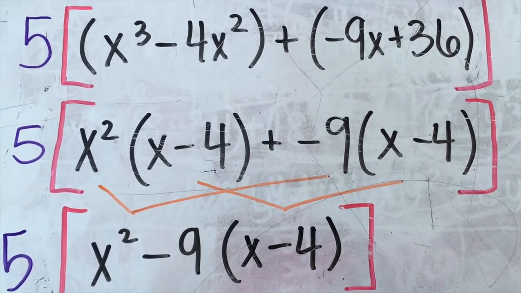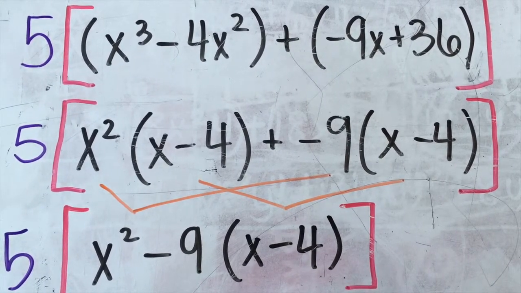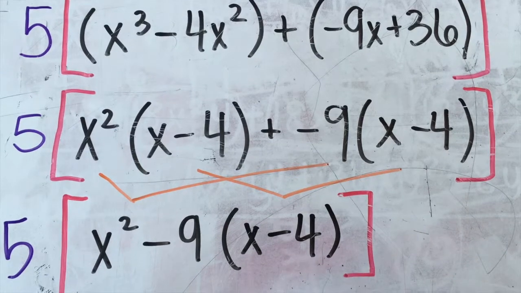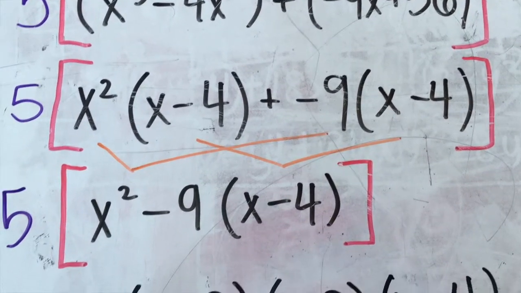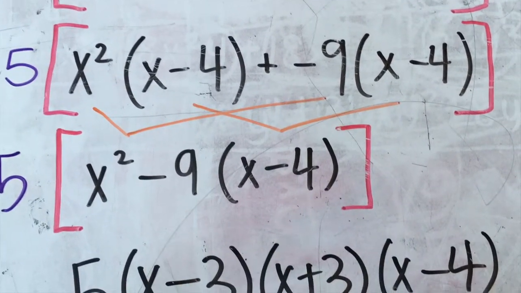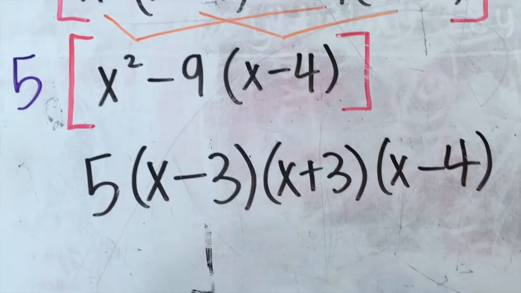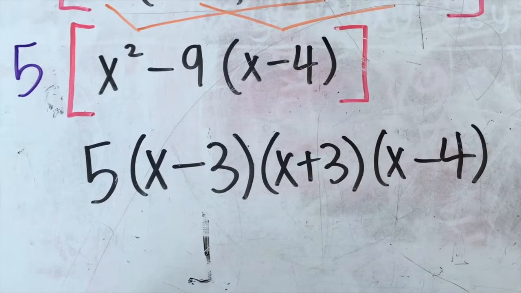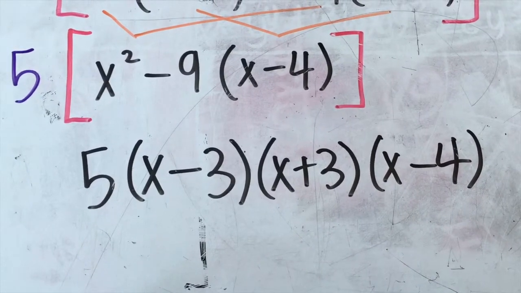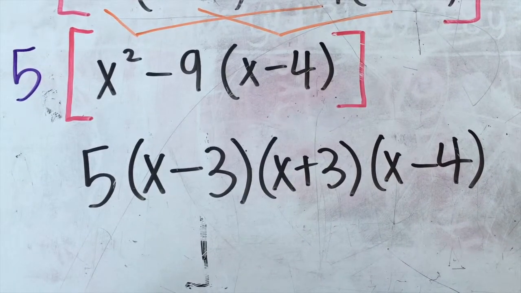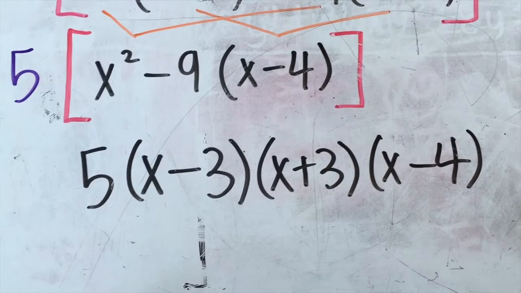For the equations inside the brackets, you try to take out the largest variable or number in the equations. So we took out x squared and negative 9. Then you make x squared and negative 9 an equation and multiply it by x minus 4, still with 5 on the outside of the brackets.